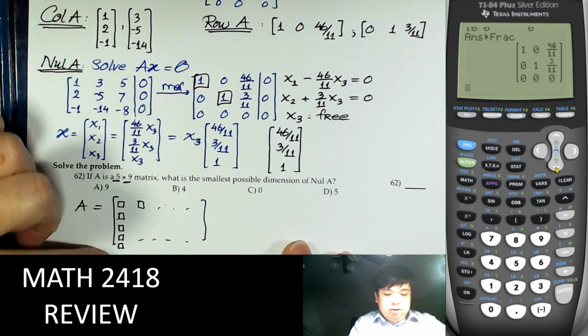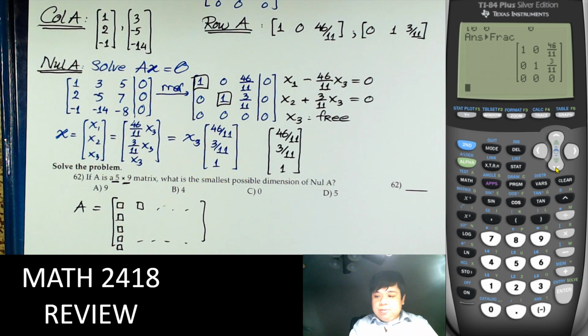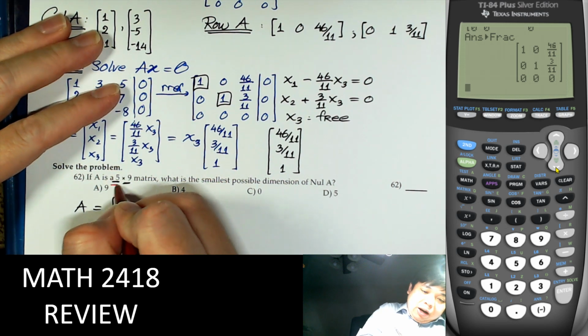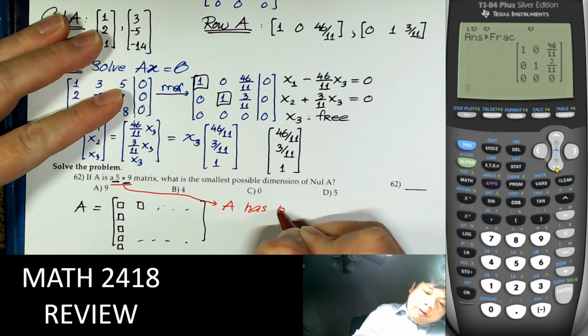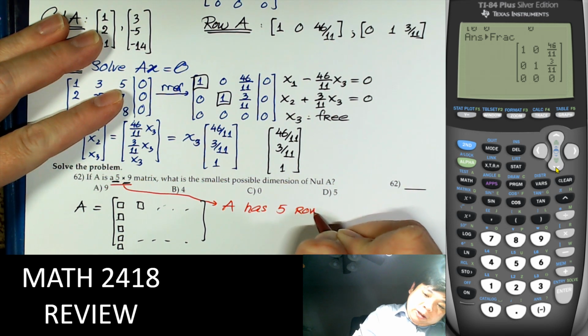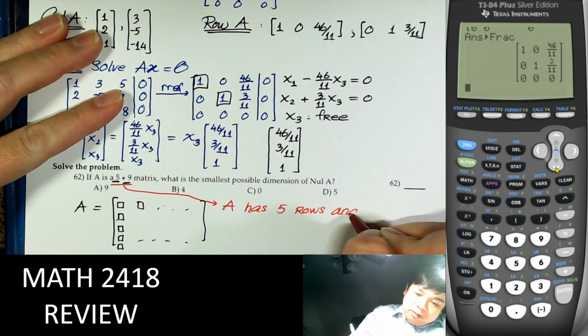Right. So let me just write this. A is 5 by 9. So A has 5 rows and 9 columns.